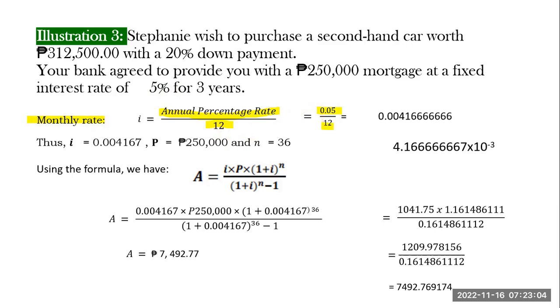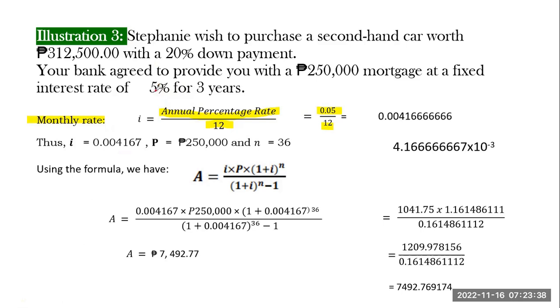Divided by 12, okay? So always remember pag magko-convert kayo ng percentage into decimal, you can just divide it by 100, or kaya mag-move kayo ng 2 decimal places to the left. Okay, so like example, si 5%.